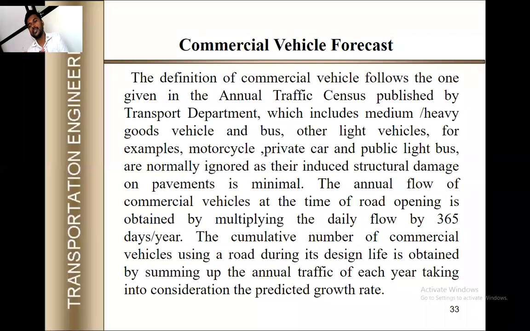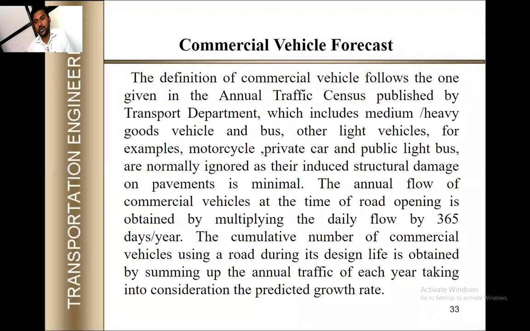Then, what is meant by the commercial vehicle forecast? We need to forecast the vehicles, how many vehicles are traveling on that particular type of pavement. The definition of the commercial vehicle follows the one given in the annual traffic census published by the transport department, which includes the medium or heavy goods vehicles and the bus.